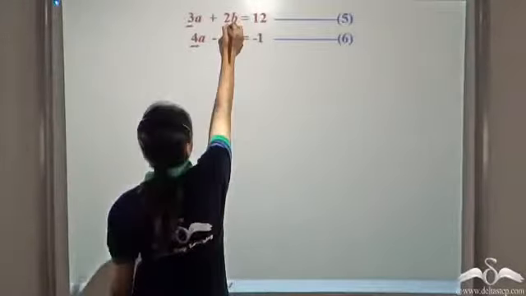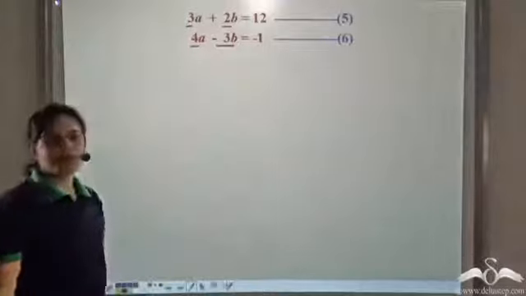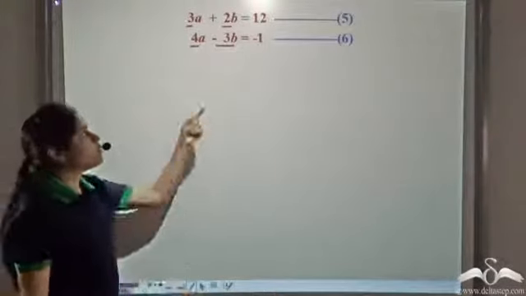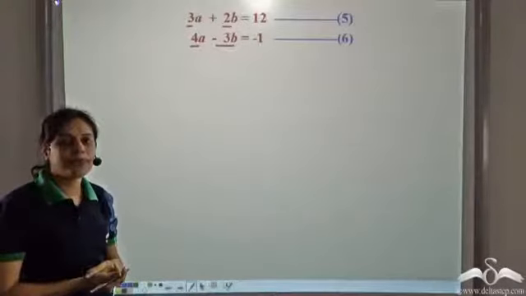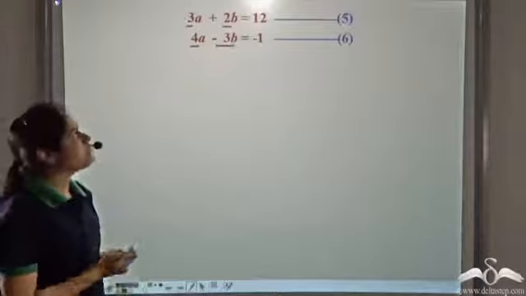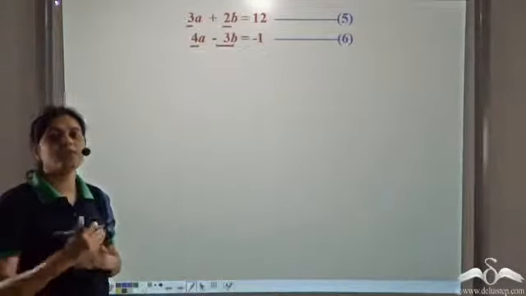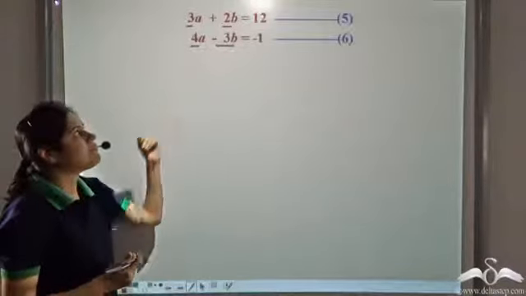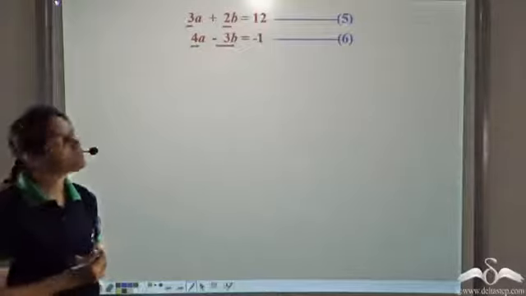The coefficient of b is 2 in the first equation and negative 3 in the second equation. So the numerical part of the coefficients of a or b is not the same in the two equations. We need to transform these equations so as to get the same numerical part of any one of the variables so that we can eliminate it.